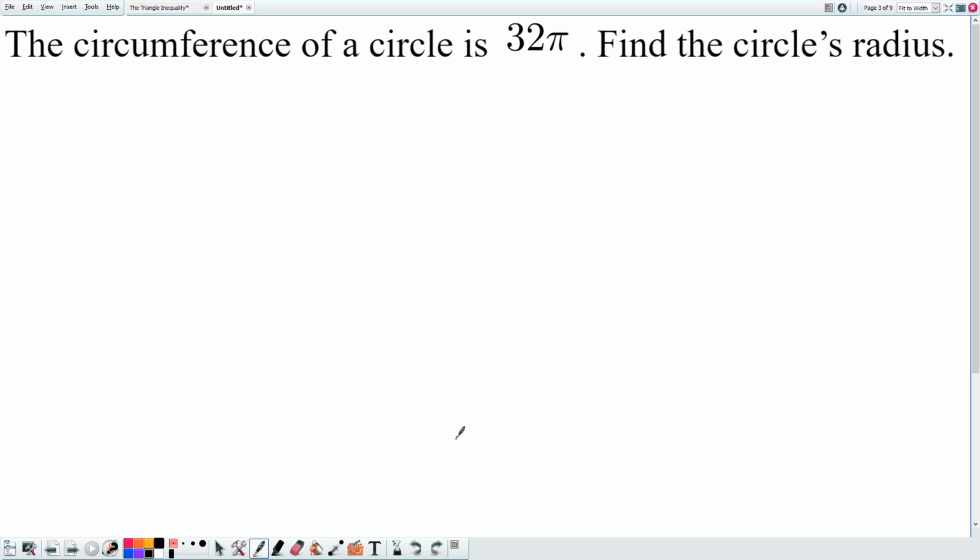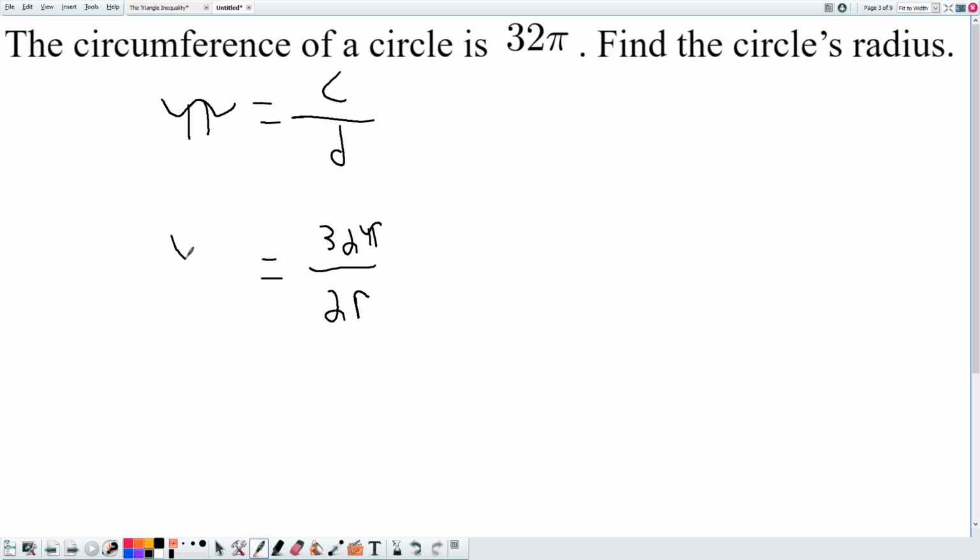Our circumference is 32 pi. Find the circle's radius. Now, we just learned that pi is the circle's circumference over its diameter. And we know that the diameter is equal to twice the radius, and the circumference is 32 pi.